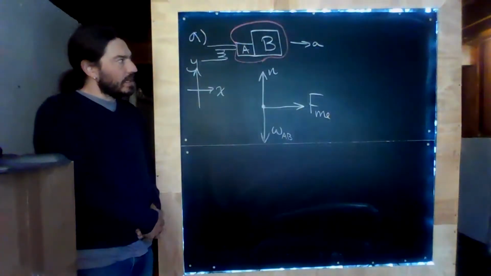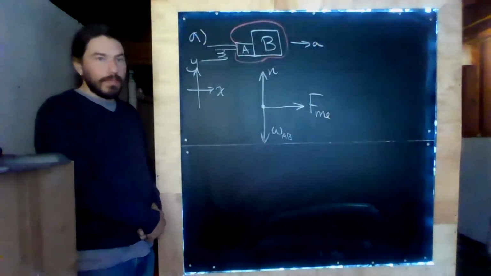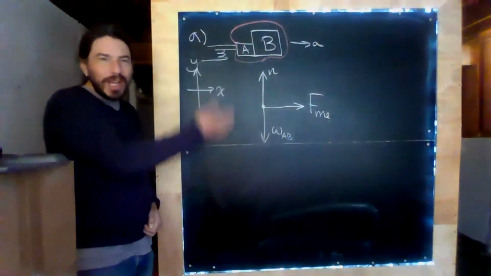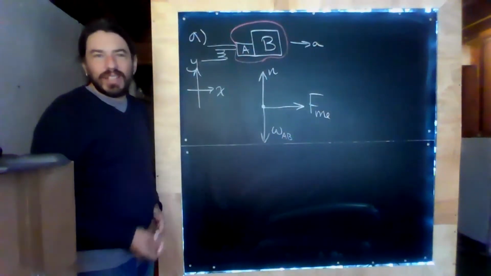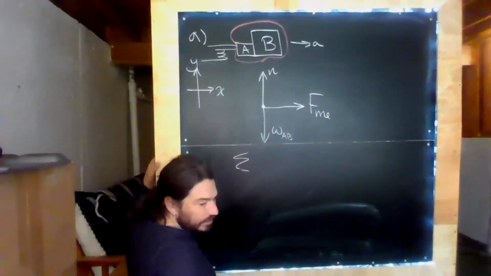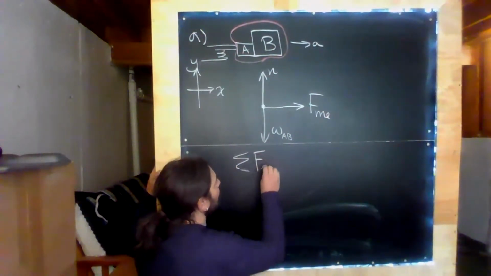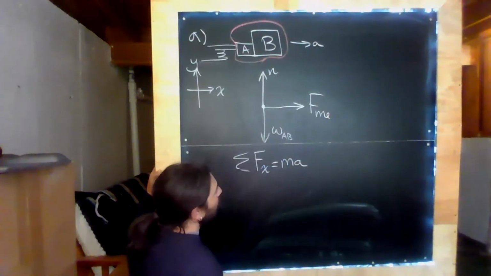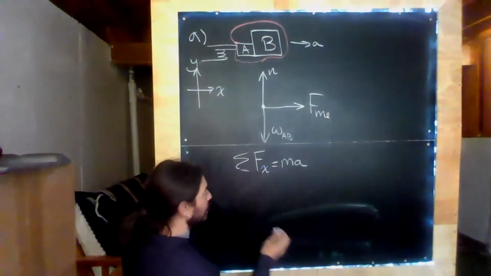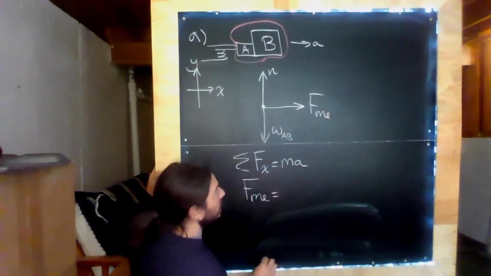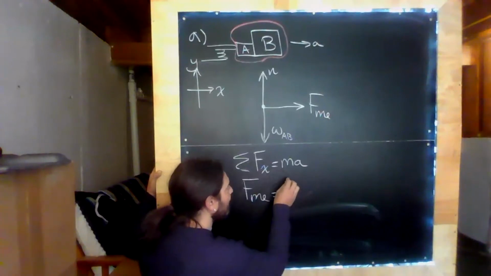Let's go ahead and do, what's our next step? Apply Newton's second law. Now in this case, there's really no action in the y direction. Let's just start with the x direction and see what happens. So the sum of the forces in the x direction equals mass times acceleration. Well, what do we have? We only have one force in the x direction, and that's F me, still hilarious, equals mass. Now what mass?